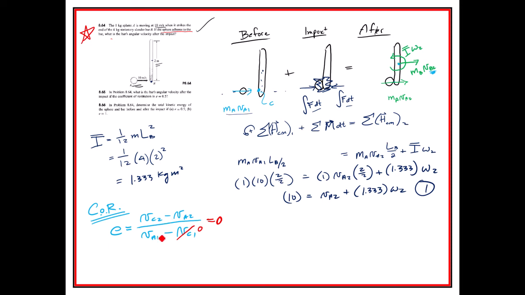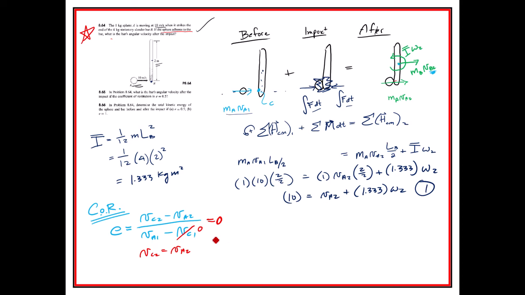That means we could just look at the top and say that VC2 is equal to VA2, and we didn't need the coefficient of restitution to know that. We would know they would stick to each other. But that is the formal thing that helps us if we have something a little more complicated than that first problem.